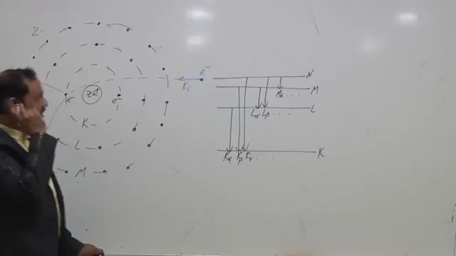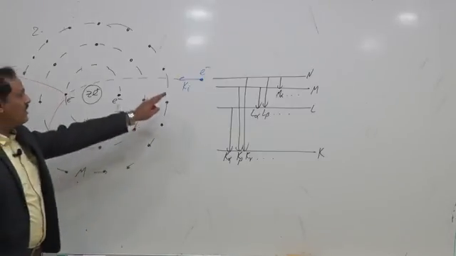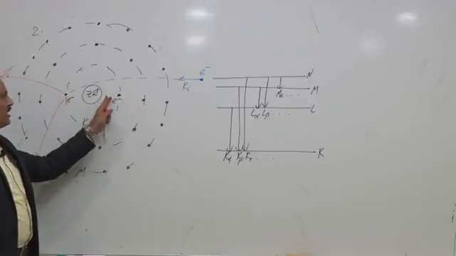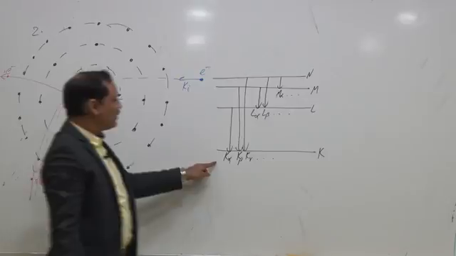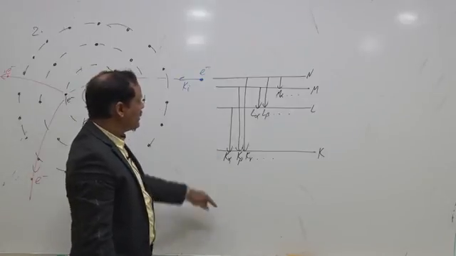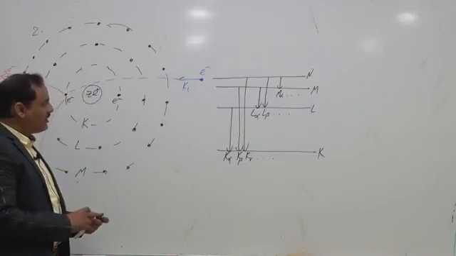This is how the different transitions are named. So an electron jumps from an outer orbit to an inner orbit. The emitted photon carries energy equal to the energy gap, and this is why photons emitted in this way are called characteristic X-rays.